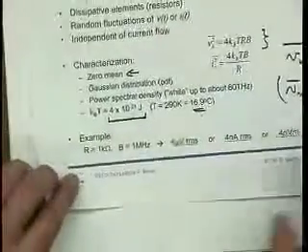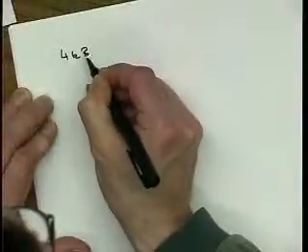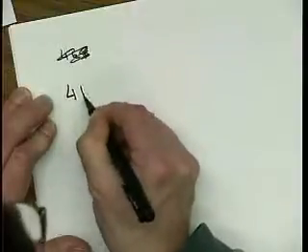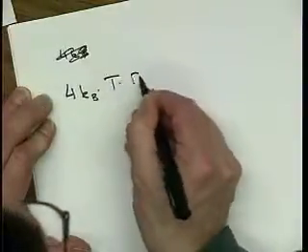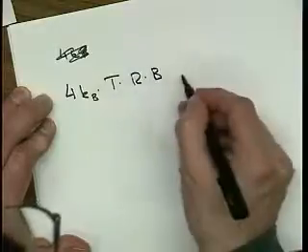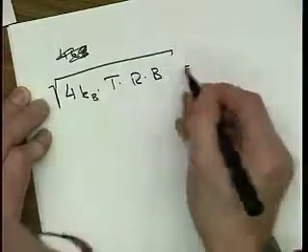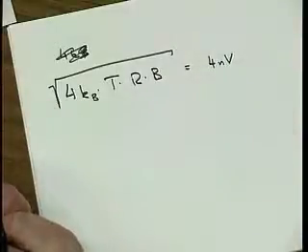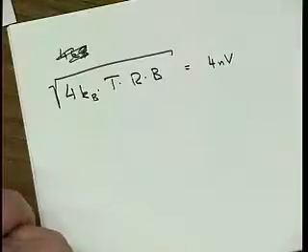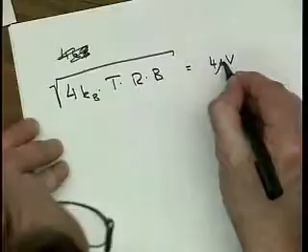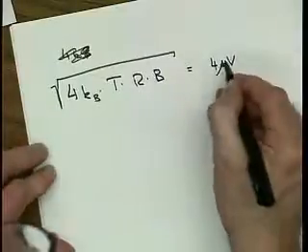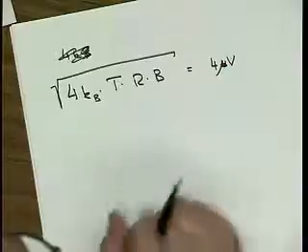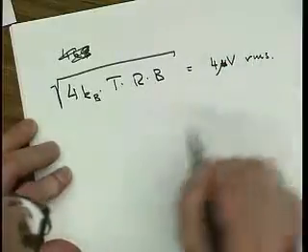on the previous slide, given this example, I said that when I evaluate this 4 kB times T times R times B, then usually I take the square root and say that this is, for example, 4 nanovolts for a 1K resistor and 1 hertz bandwidth. So 4 nanovolts RMS.